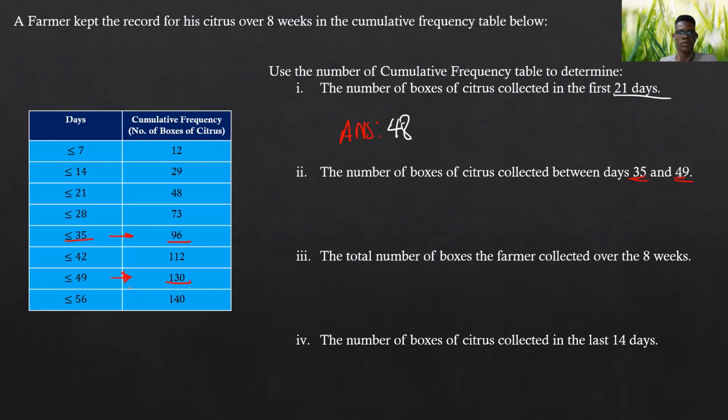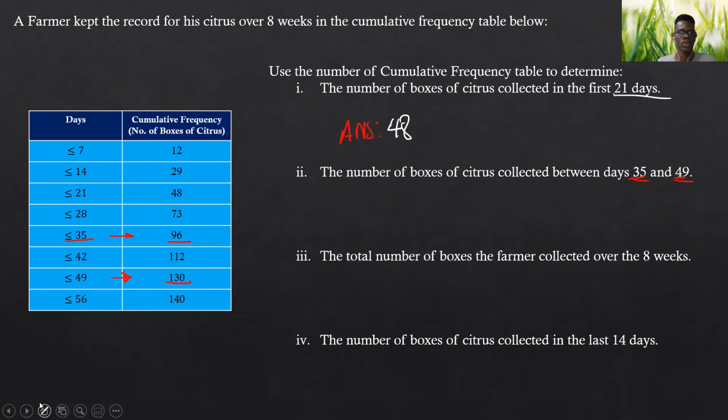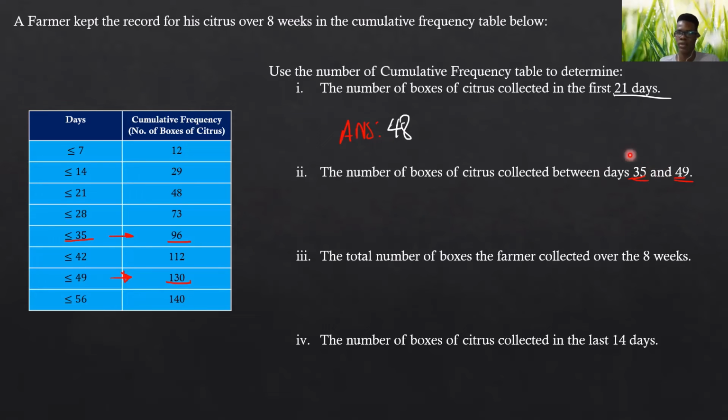So anybody want to guess what you have to do here? You've got to subtract, right? It's like saying between 35 and 49. It's the same thing as what we were doing before. You're going from day 35 and stopping at day 49.